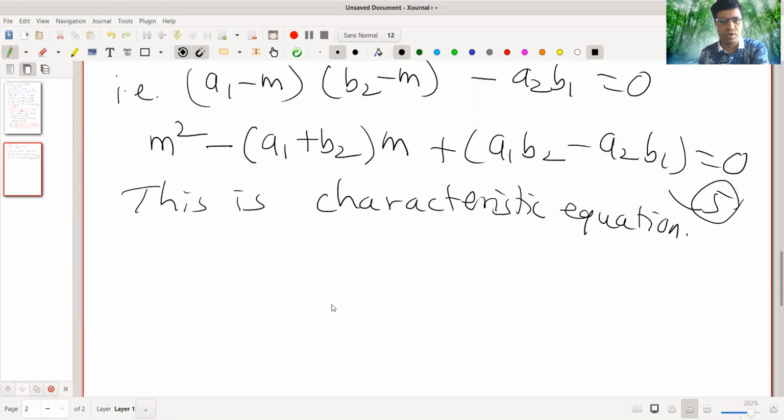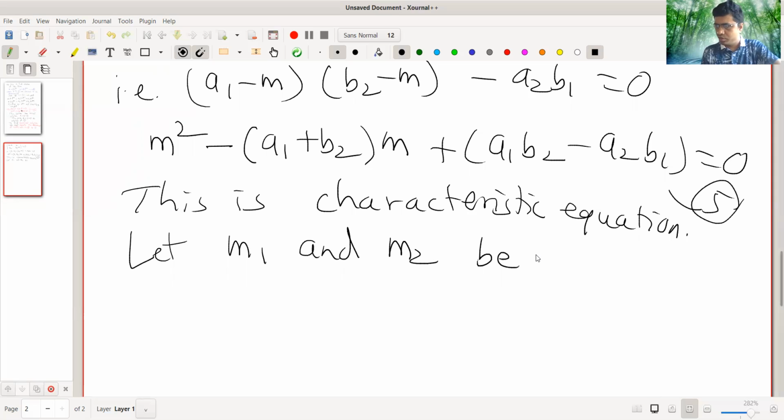This is a quadratic equation, so it will have two roots, maybe equal roots. So we call them M1 and M2. Let M1 and M2 be the roots of phi.